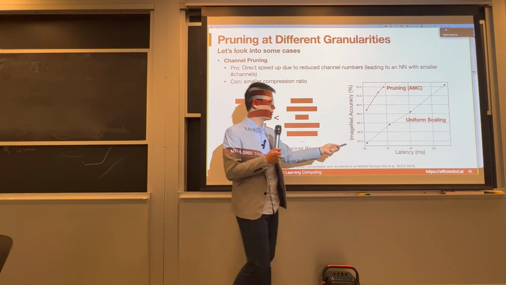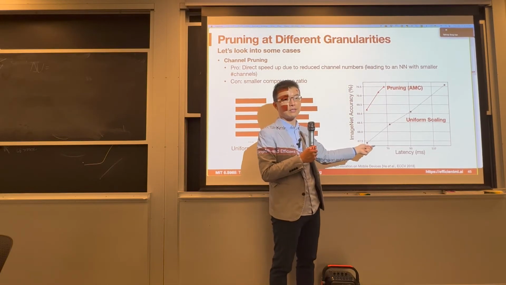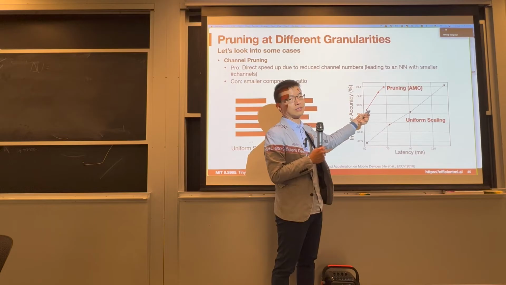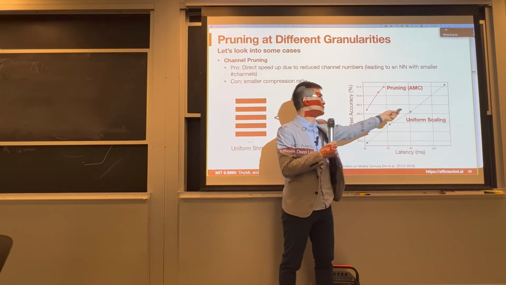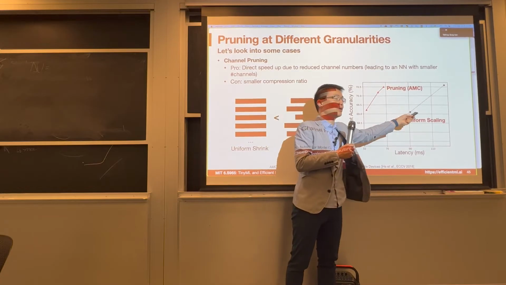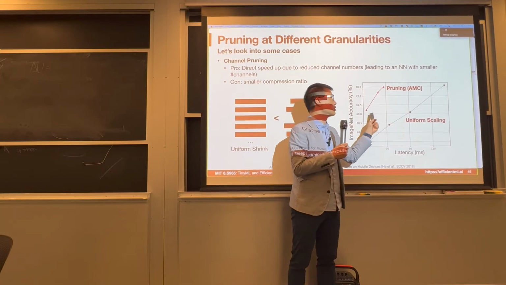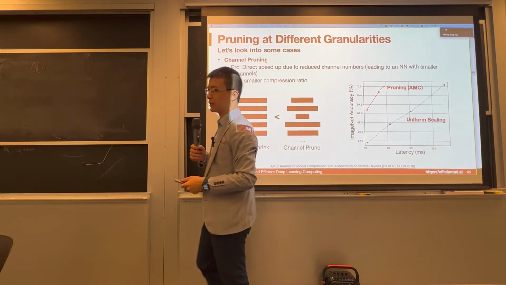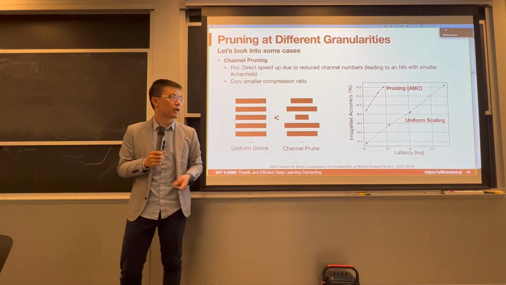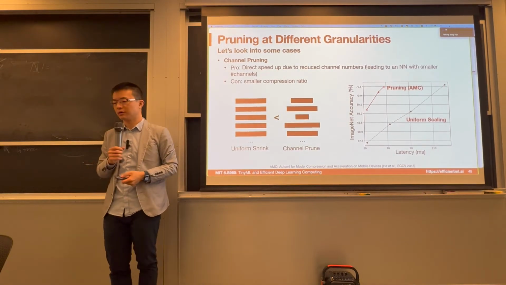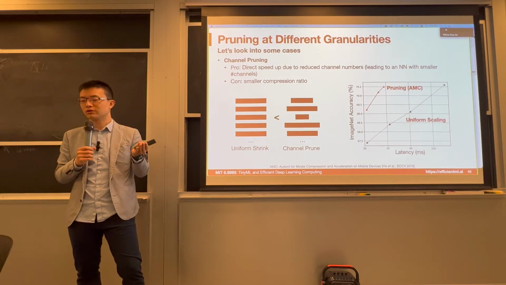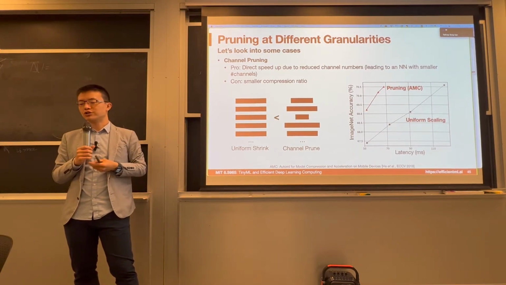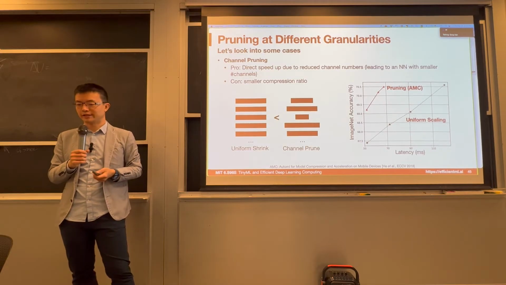With the same latency measured on the mobile phone, we can have higher accuracy, or to achieve the same accuracy, we can have a much lower latency compared with uniform scaling. The channel pruning method is called AMC, AutoML for model compression, which is a push-the-button solution: feed it a neural net, and it returns a smaller neural net.